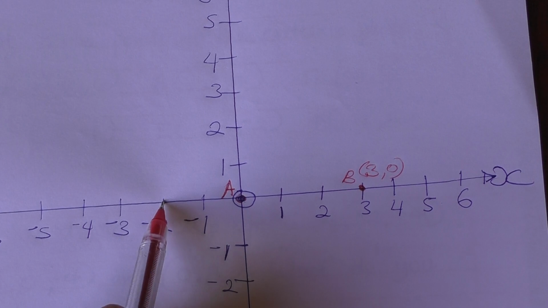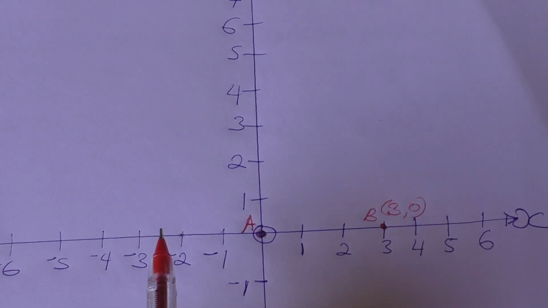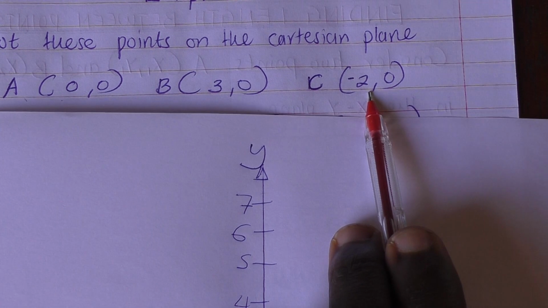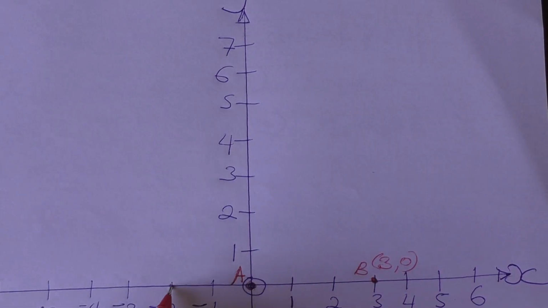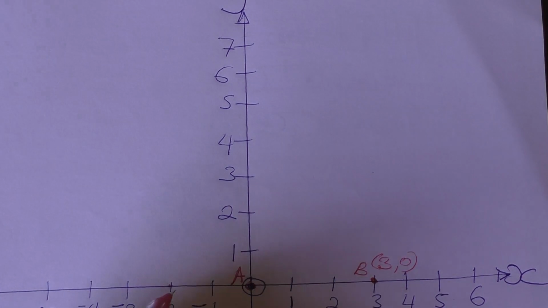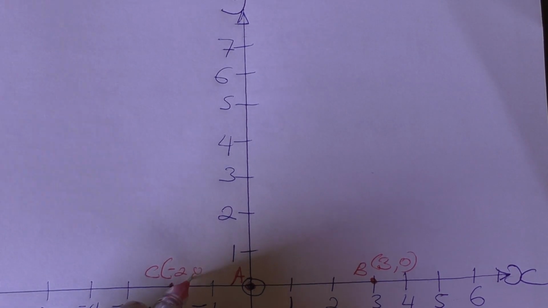So this is -2. Then after locating the x coordinate -2, we look for the y coordinate. Remember, the y is 0. So meaning we are moving 0 steps on the y-axis. So we shall remain at that same point. This is point C, which is -2, 0.